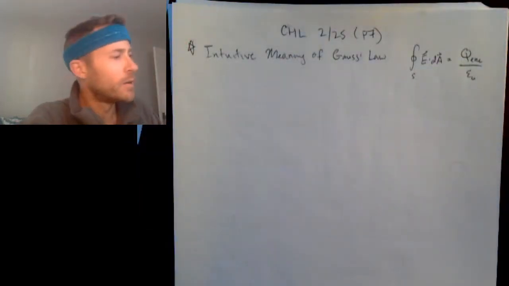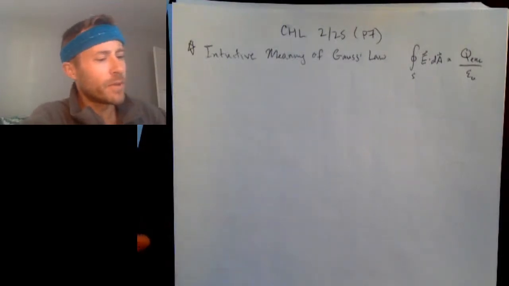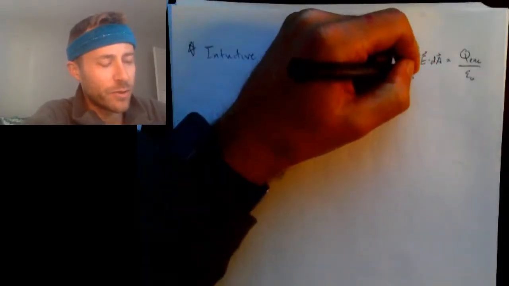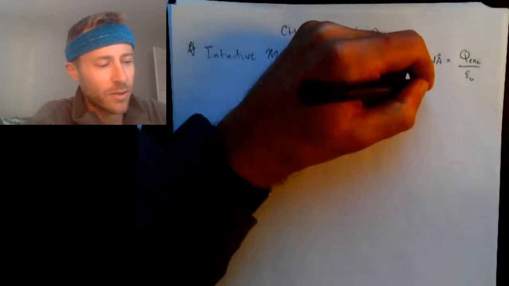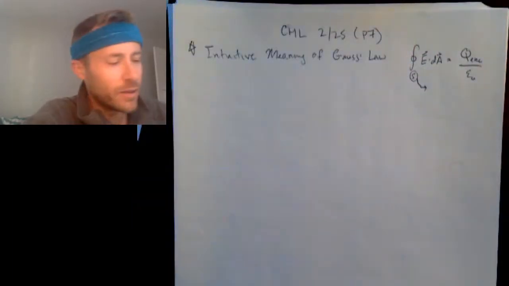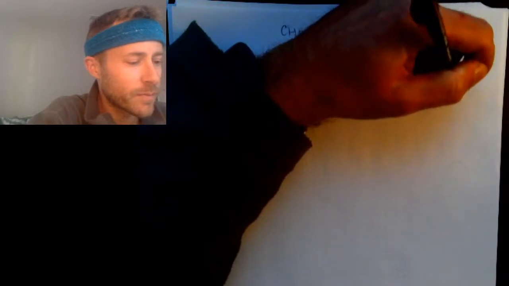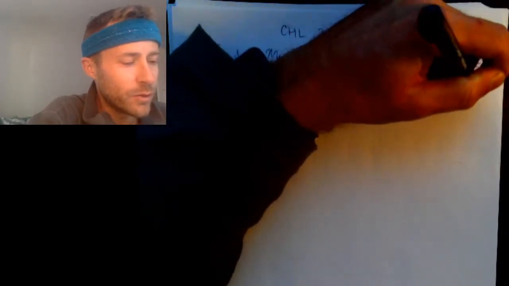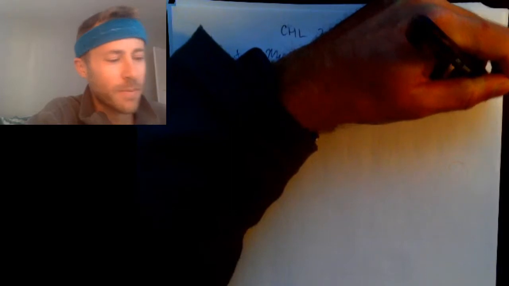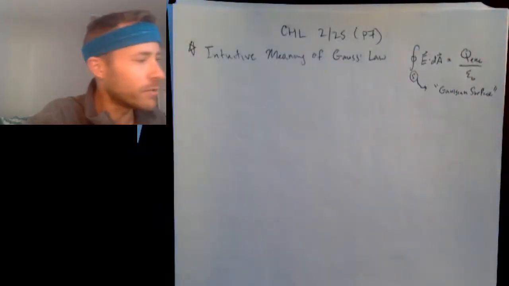The name of this surface, when we're talking about Gauss's law, is often called a Gaussian surface. So you will hear me use that term over and over today.